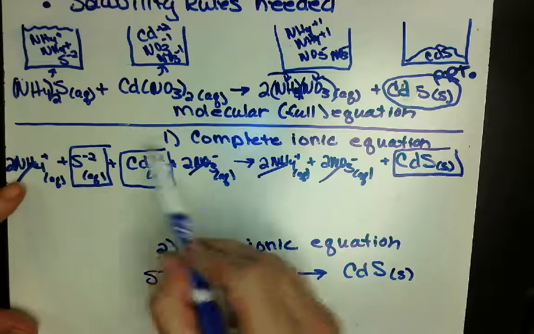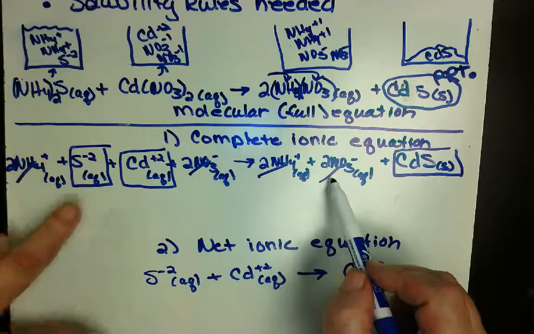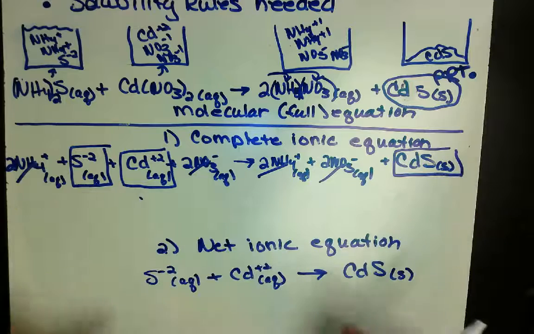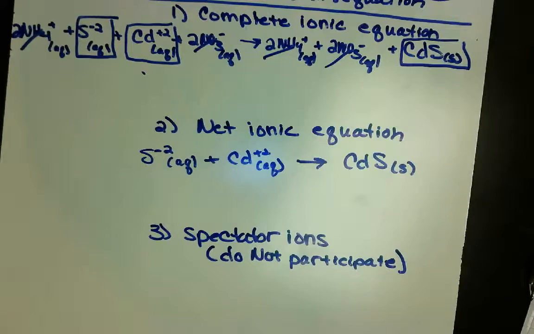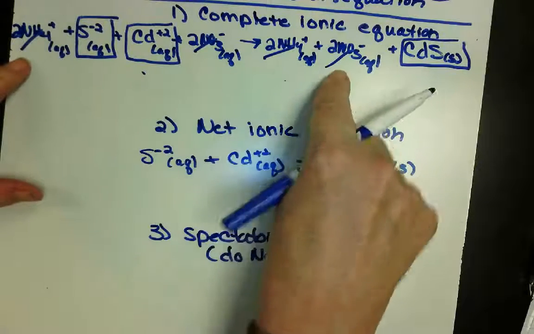So a lot of people cancel these things out first because they're identical on both sides, and then they see what changes. I think it's easier to circle your solid and see what made it, and that's what we write right here for our net ionics. So then what are our spectator ions? Well, those are the guys that did not change. They did not react. They are just still floating in the liquid, and these are the guys that I canceled out.